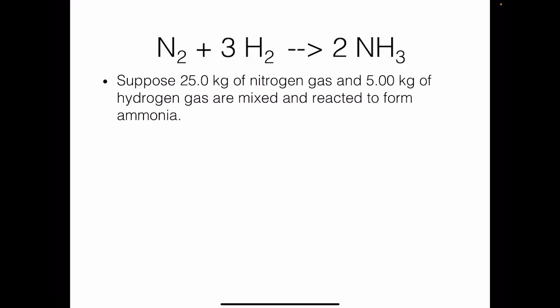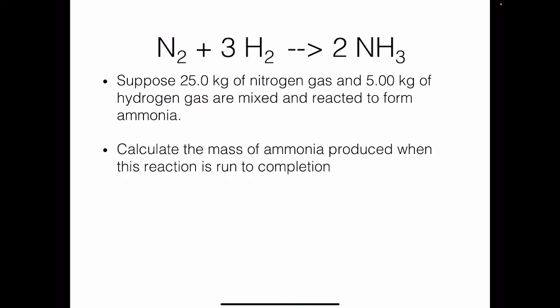So the first thing we're going to want to do is write our balanced equation, making sure that it's balanced, because remember, if my equation is not balanced, I'm not going to get the appropriate ratio to use in my conversion factor.